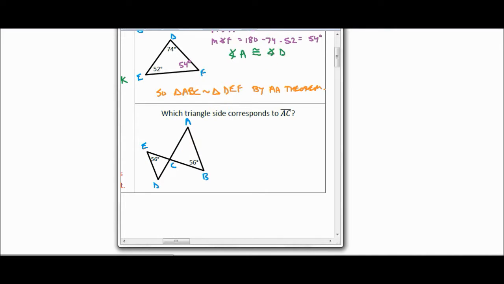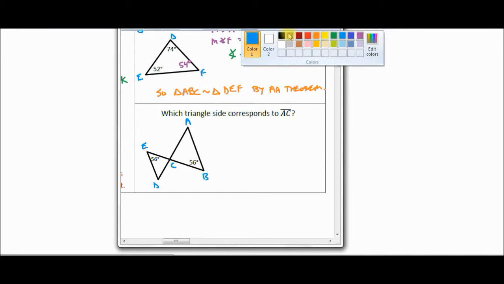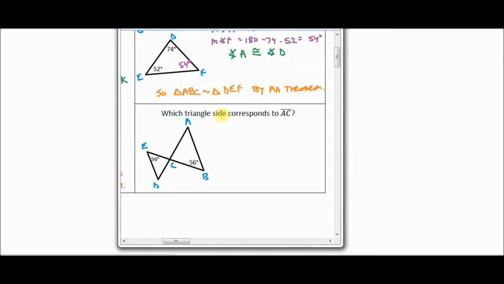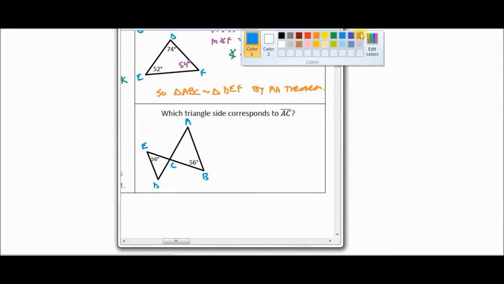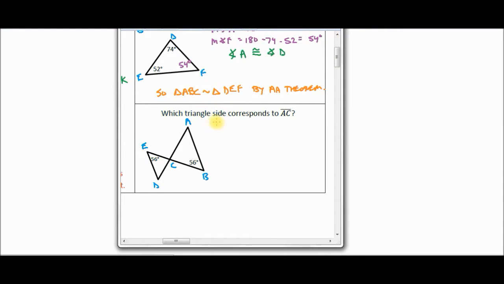And here's how we do this. First of all, we're going to take a look at something that we know here. The thing we know is one angle. Angle B is congruent to angle E, so take a look at that.